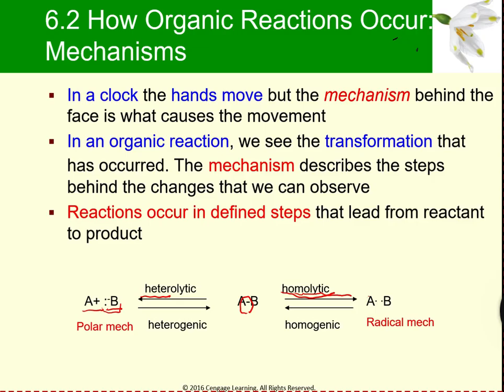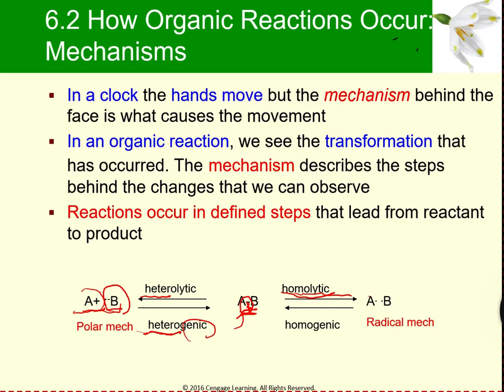However, we can apply the same concept for the genesis of the chemical bond. For example, if you make this chemical bond by combining A plus and B minus, then it is unique because it generates the bond starting from an unsymmetrical electronic distribution in two atoms or atomic groups.